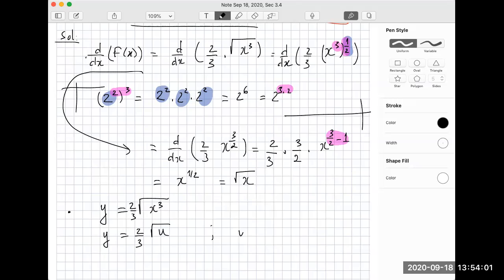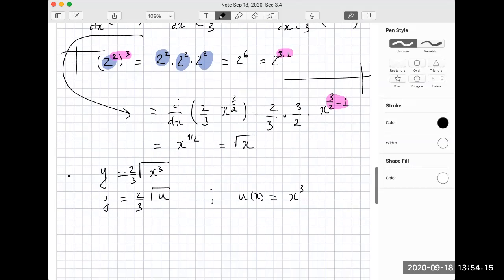And u in this case is x cubed. Now the chain rule. We need to compute df over dx, which is d over dx. F in this case is y. It is the same as dy over dx.